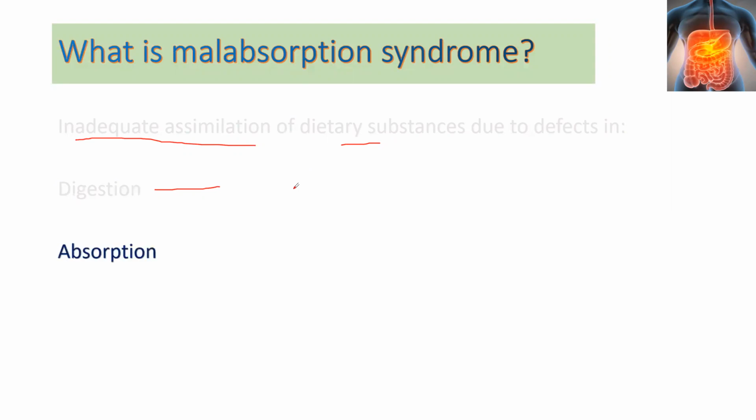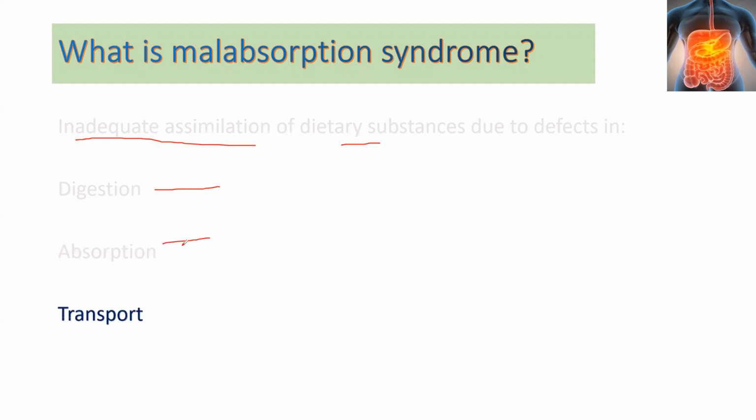In atrophic gastritis, celiac disease, or other inflammatory bowel diseases in the small intestine or large intestine, there is less absorption of nutrients.